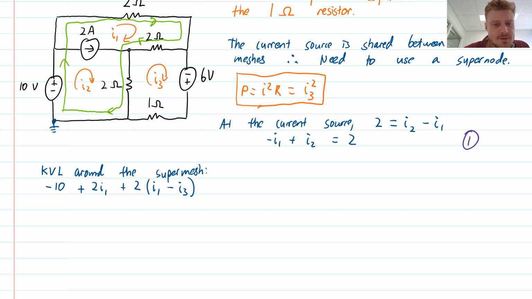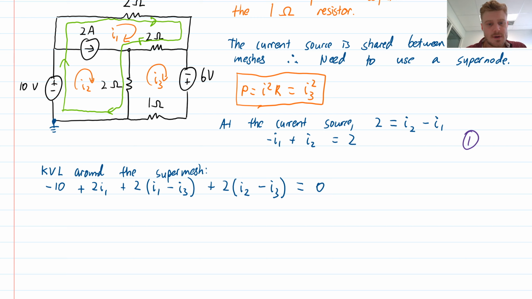Then there'll be another 2 ohm resistor, which will have a contribution due to I2 and also I3. And then I'm back to my starting point. A useful sanity check is to count how many terms you have and compare that to the number of elements in your circuit. So I see moving around this loop, I see 1, 2, 3, 4 circuit elements and 1, 2, 3, 4 terms in my equation. So that's nice. That's a good quick check.